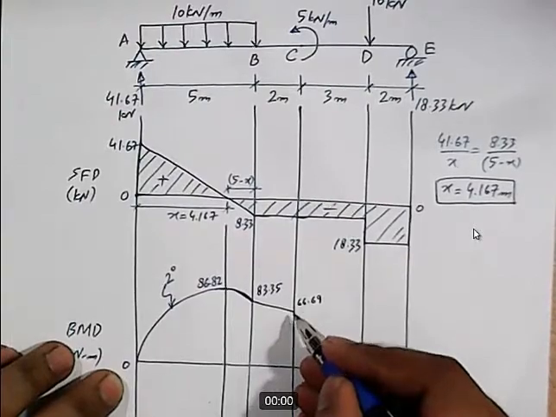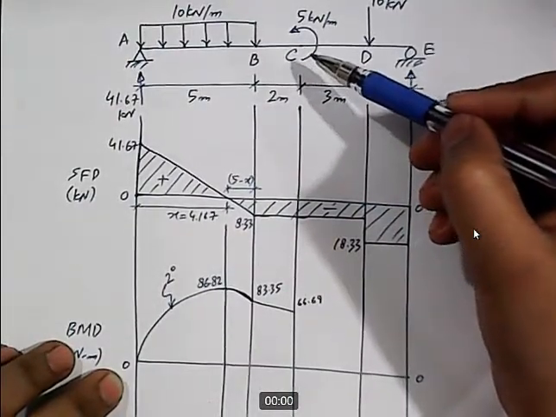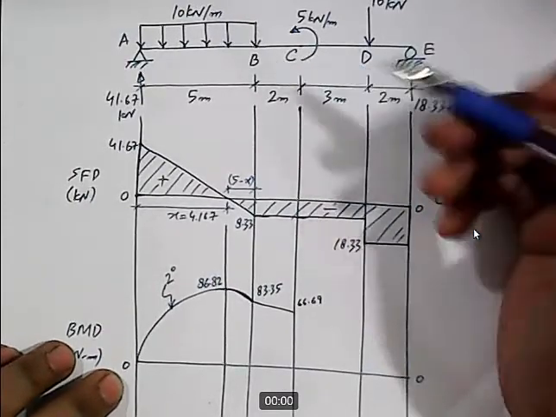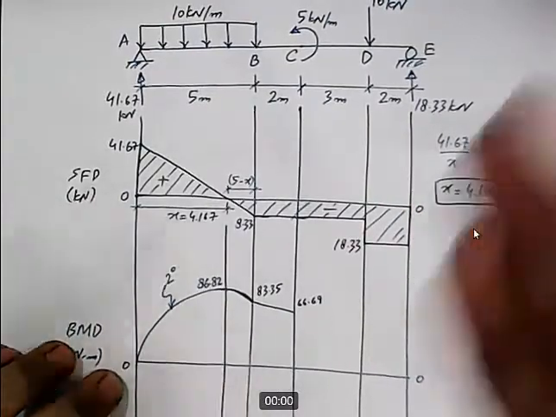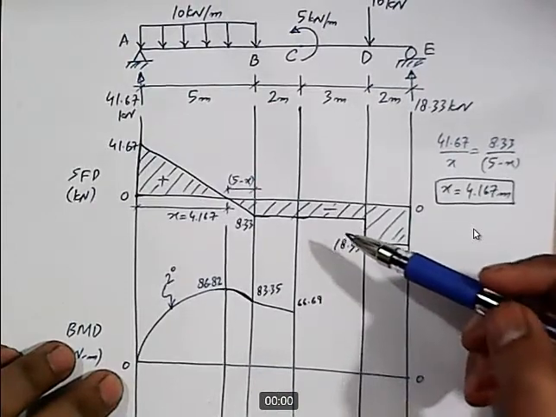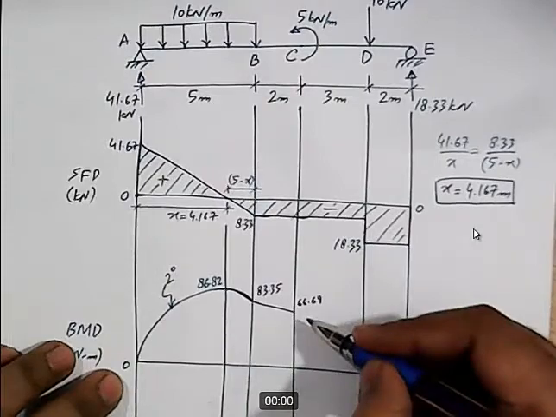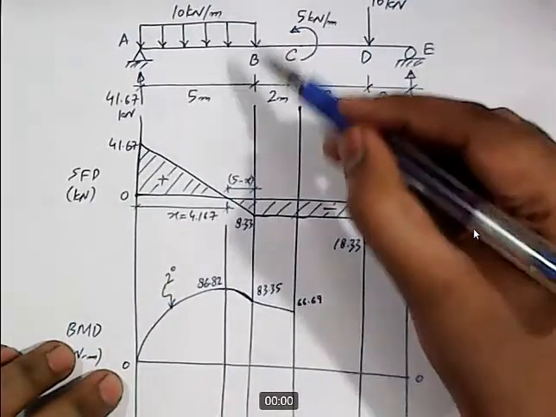Then at point C, we have a moment acting, and as we discussed earlier, whenever we are drawing a bending moment diagram, we need to keep an eye on the loading, because the effect of a point moment does not reflect in the shear force diagram. So from 66.69, this 5 kilonewton meter moment is acting in counterclockwise direction.